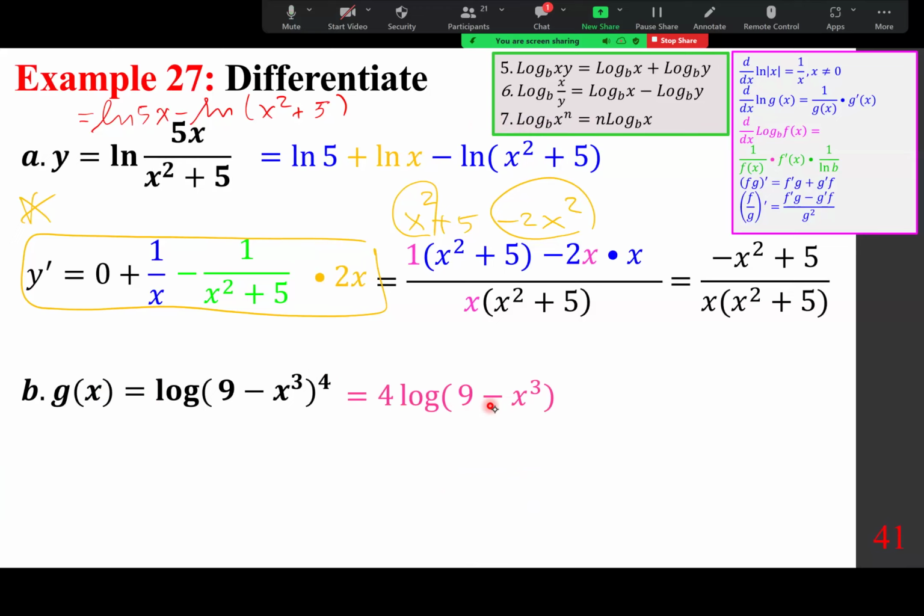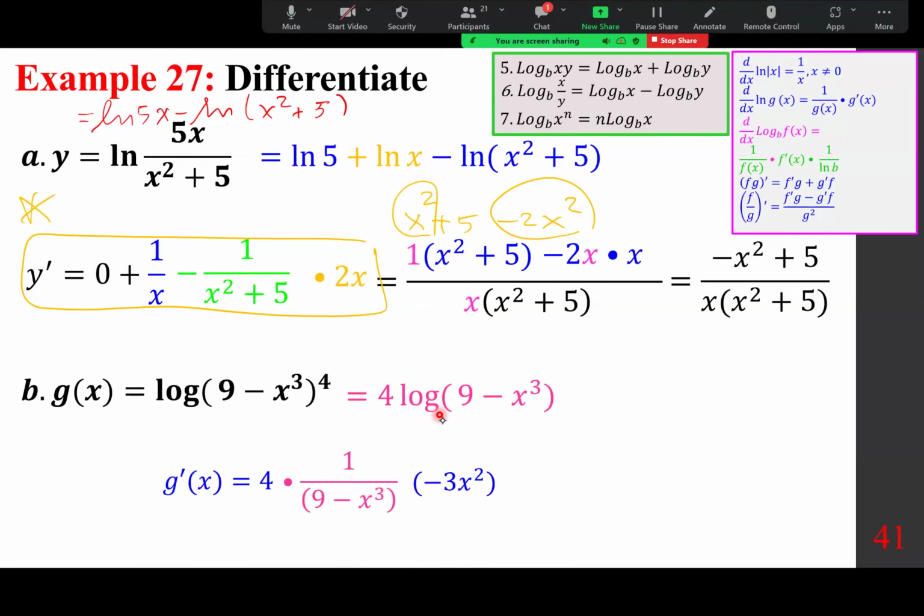So now we are going to differentiate as follows. G prime of x is 4 times, flip this over, 1 over 9 minus x cubed. By the chain rule, I need the derivative of this piece, which is negative 3x squared.